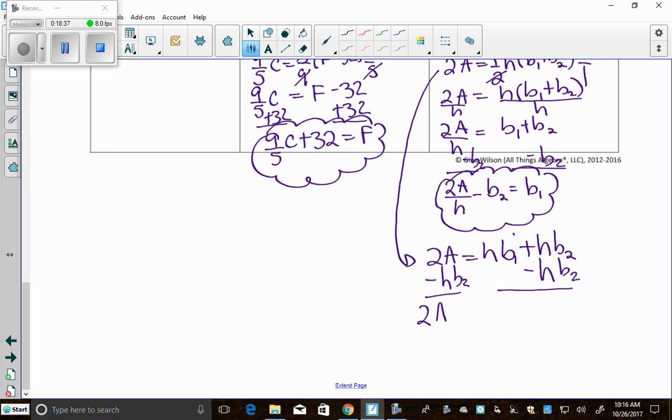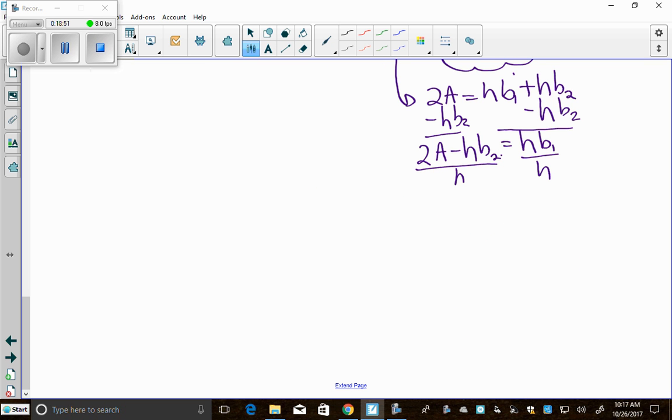That's why I'm showing you this. 2A minus H B2 equals H B1. And then you're getting the B1 by itself, so you would divide by H. It doesn't look exactly like the other one did, but it's still the same answer. 2A minus H B2 over H equals B1. So that's also a correct answer. I think you'll agree that the way I did it first was easier.